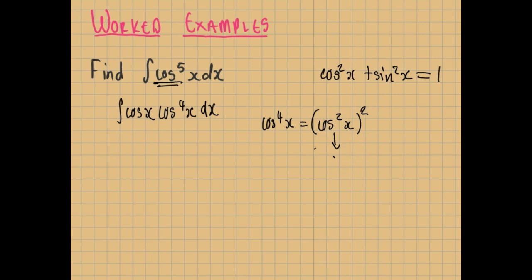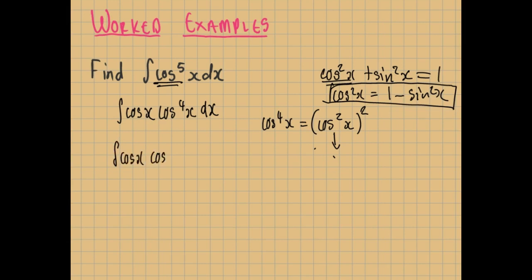I am going to say, well, what is cos squared x anyway? Well, cos squared x will be equal to 1 minus sine squared x according to our identity, right? So I'm going here and I'm going to say this is the integral of cos x multiplying cos squared x raised to the power of 2, and this is dx.